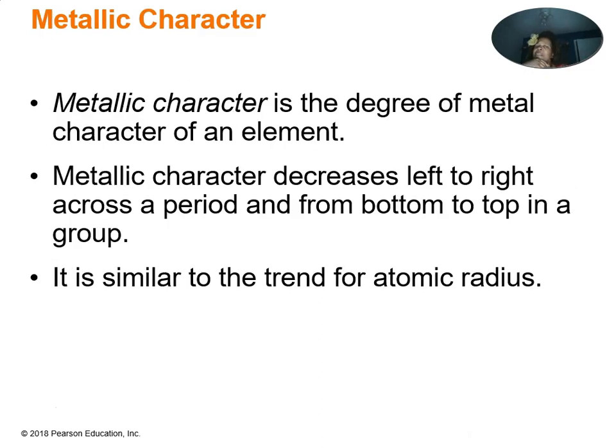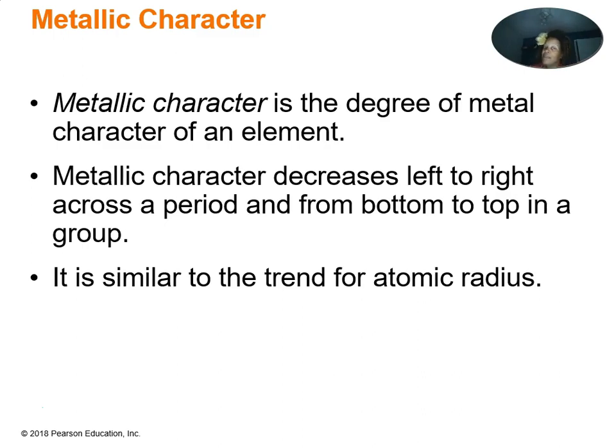Now, metallic character is basically the degree to which an element can become a metal. So if you look back at your periodic table, most of your elements are considered to be metallic. But the metallic level or intensity decreases from left to right. And as you go to the further right-hand side of the periodic table, those are where your non-metals are located.